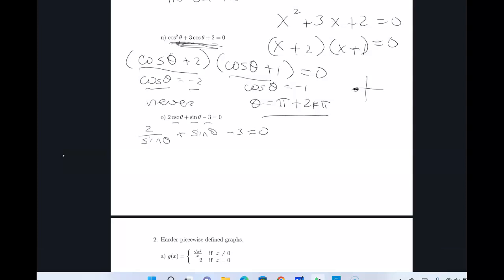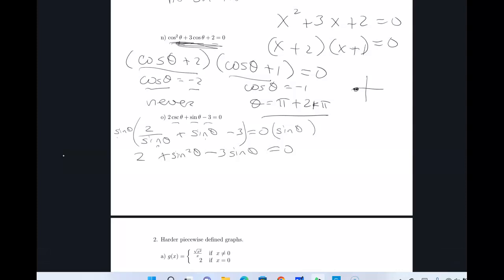I don't like fractions, so in order to get rid of fractions, I'm going to multiply both sides by sine of theta. If I distribute as I go, I get 2 plus sine squared of theta minus 3 sine of theta equals 0. What do I do with that?